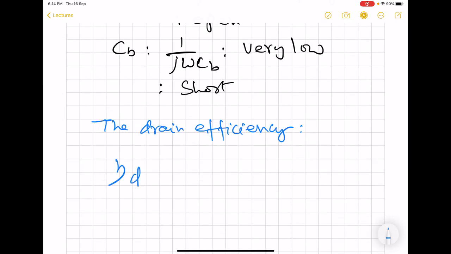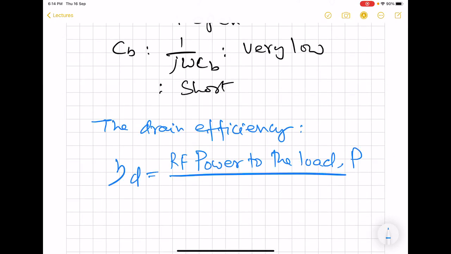And this eta D was defined as RF power to the load divided by DC power from VDD.